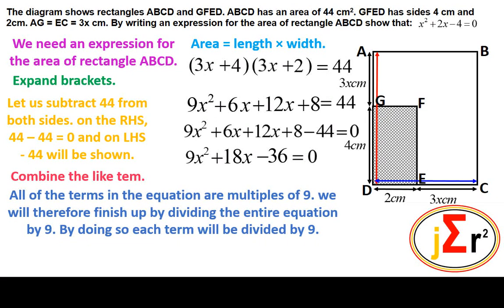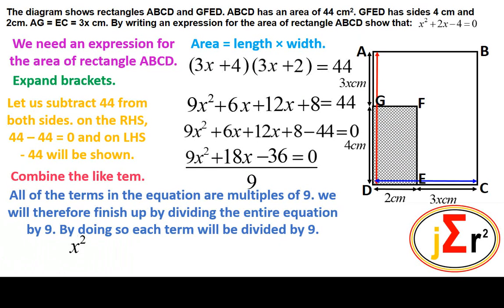And let us begin at the beginning. The first term to be divided by 9 will be your 9x squared. When we divide that by 9, what will happen? 9 will cancel in numerator and denominator, and we have x squared.